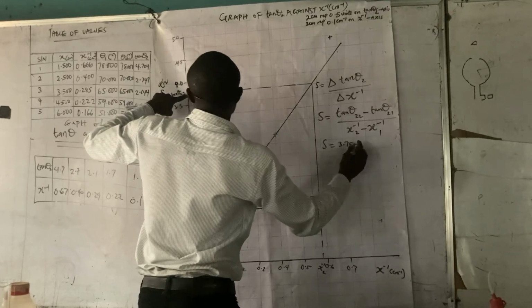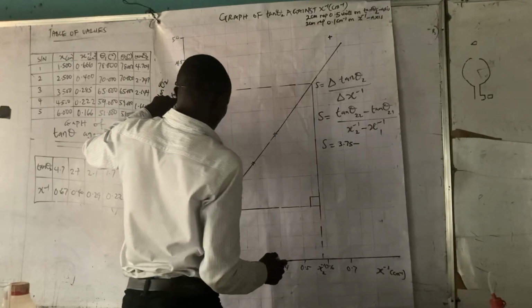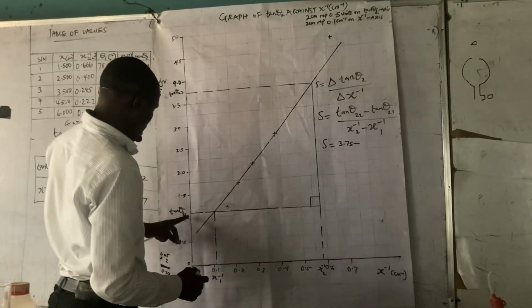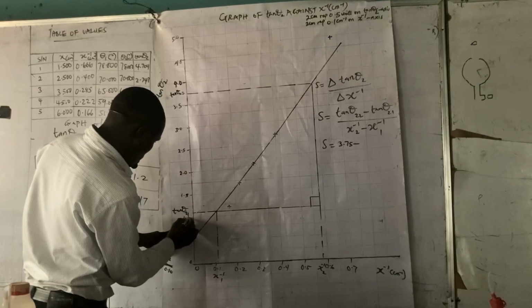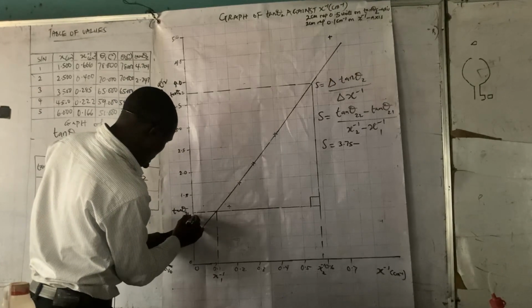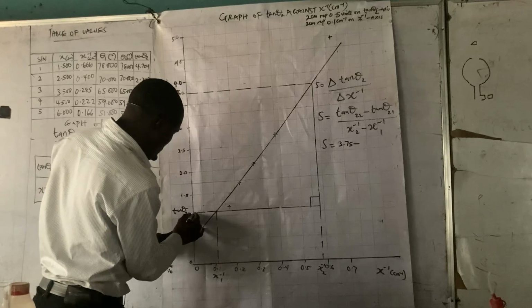3.75 minus what do we have here? This is 1.0, 1.05, 1.10.